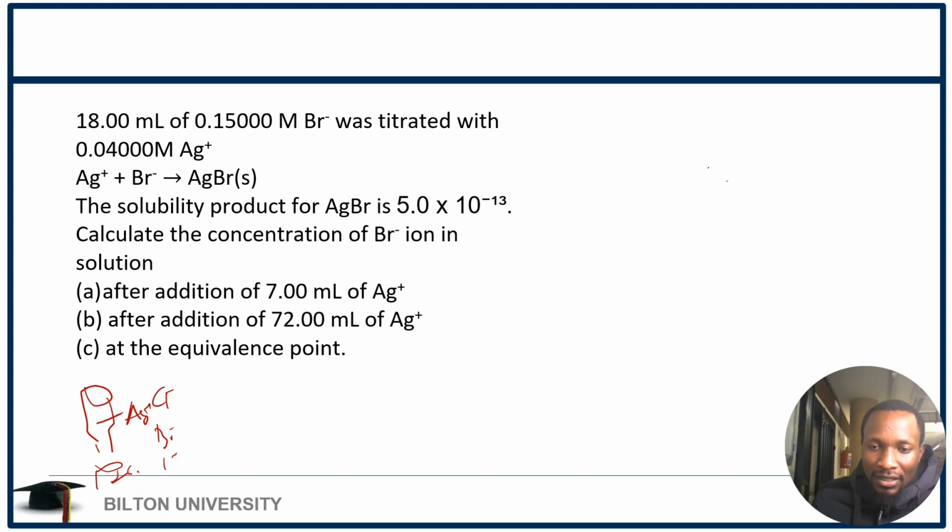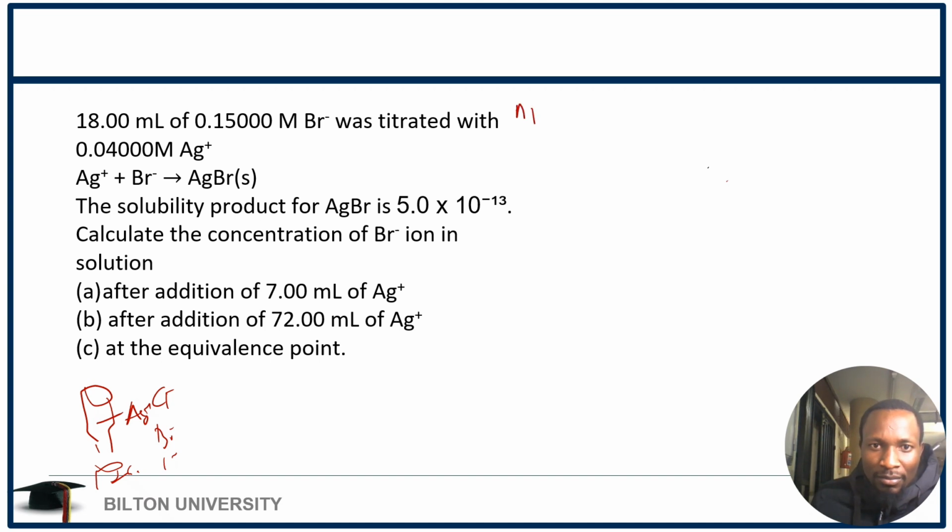So in this case, we have been provided with the information for bromide ion. We have 18 mL and 0.15 as the concentration. The first thing we need to know is how many moles of bromide ions were in the conical flask.